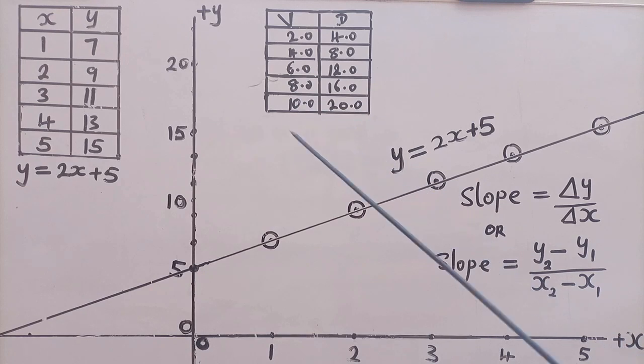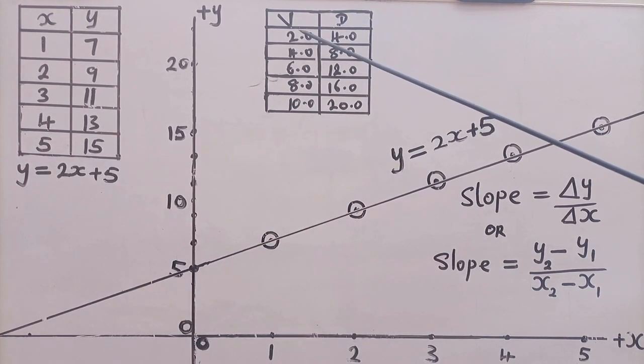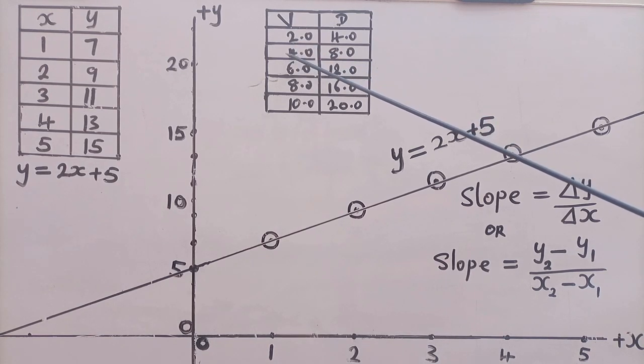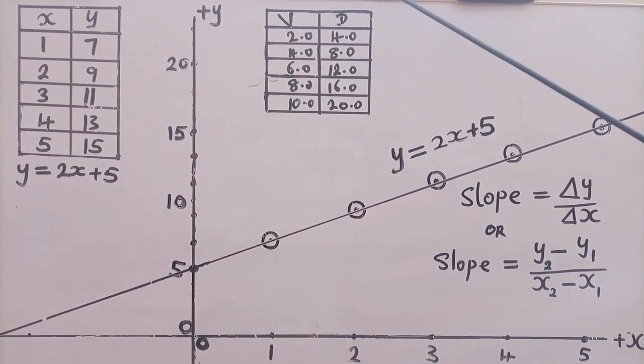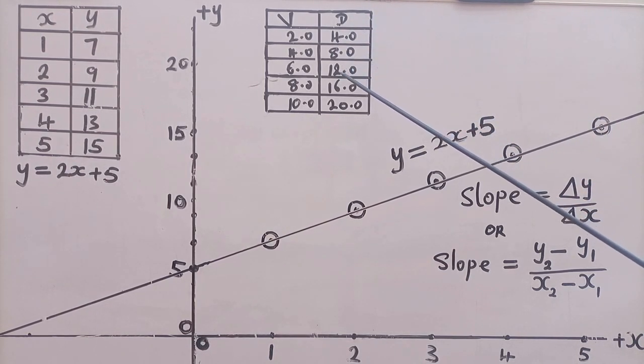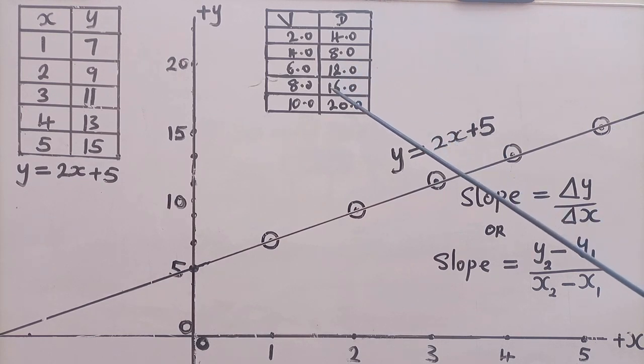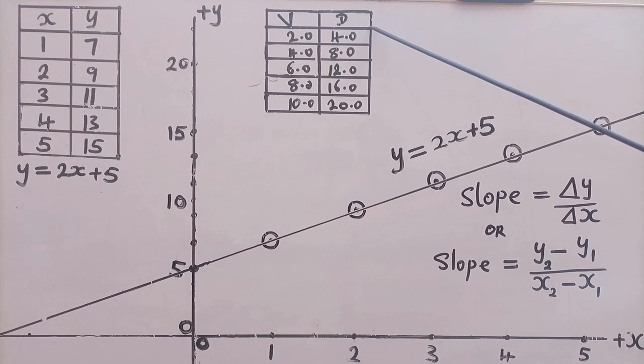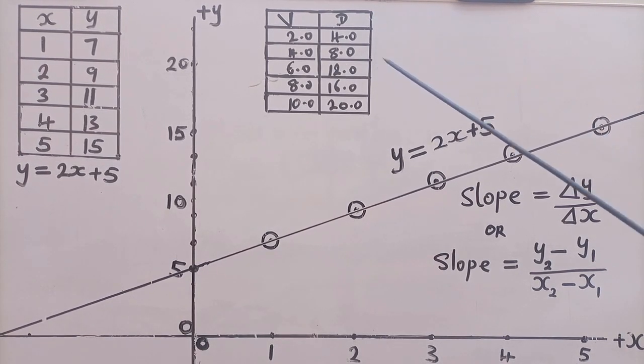From 8 to 10, 2. That means that there is a constant increase to the volume of the petrol. What about this distance? From 4 to 8, the change is 4. 8 to 12, change is 4. 12 to 16, change is 4. 16 to 20, change is also 4. It means that we also have a constant change or constant increase in the value of distance.